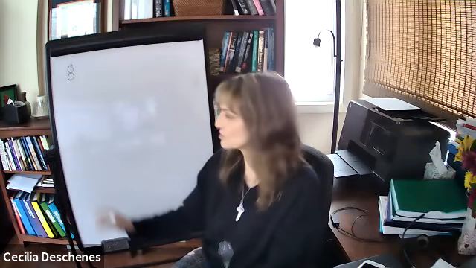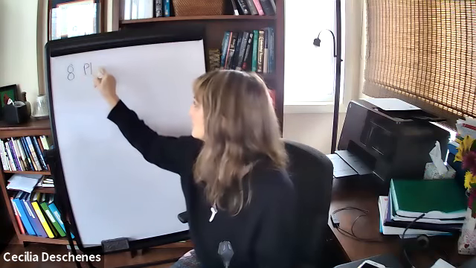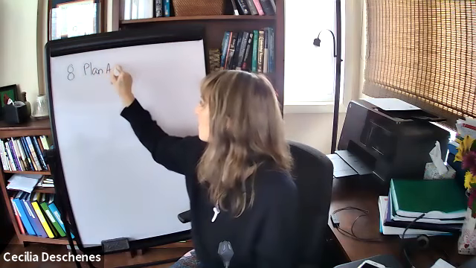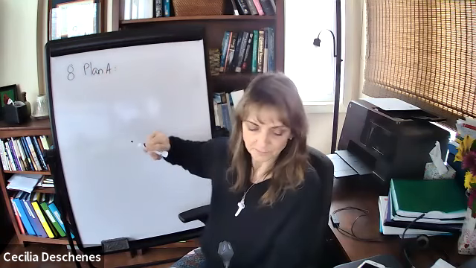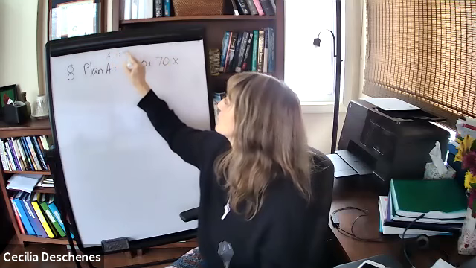So let's first of all write them out. So we got Plan A. Plan A says that you get 500 plus $70 per hour. So 70 times X. Let's remember, X is number of hours worked.